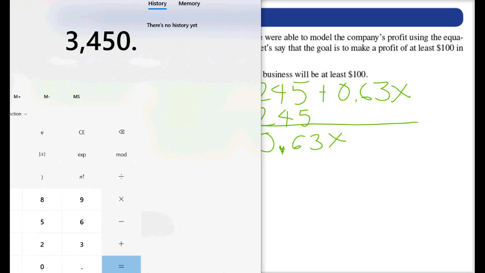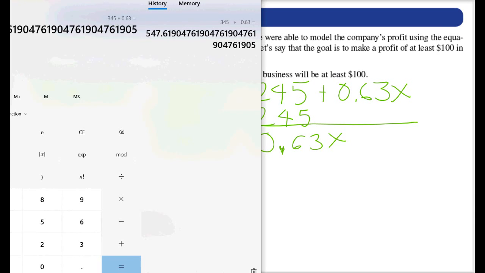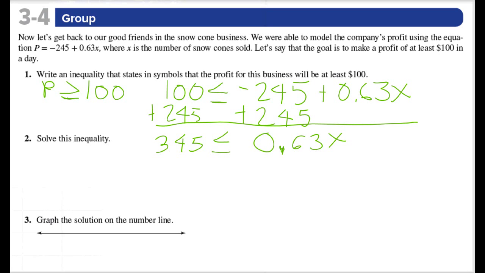We need to see how many 0.63s there are in 345. And the calculator is telling me there are 548 0.63s. So we divide both sides by 0.63.